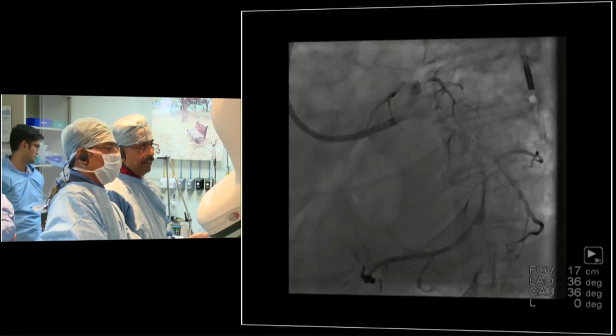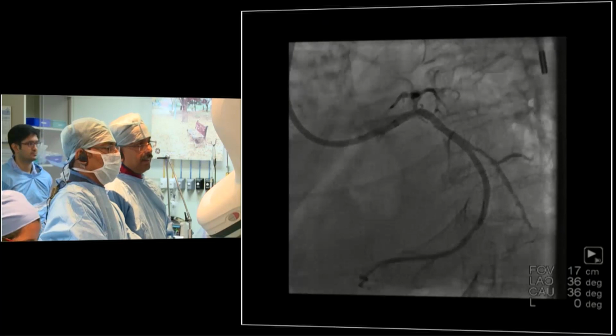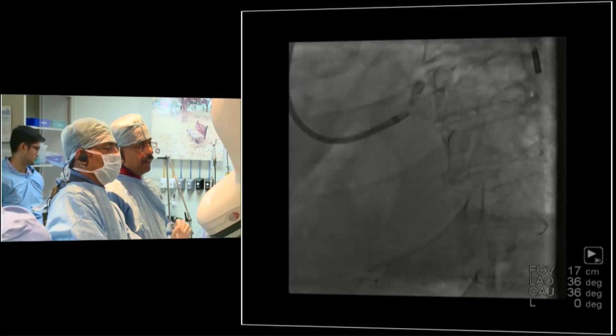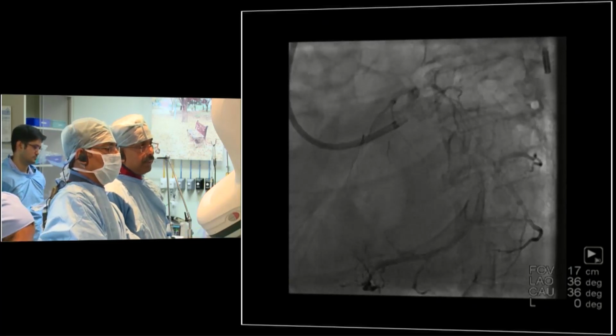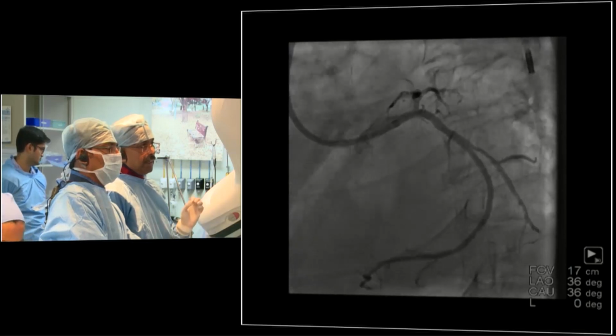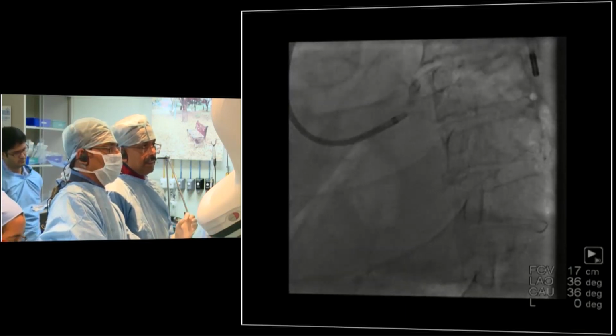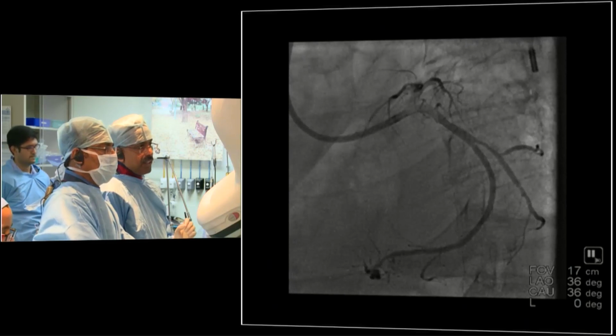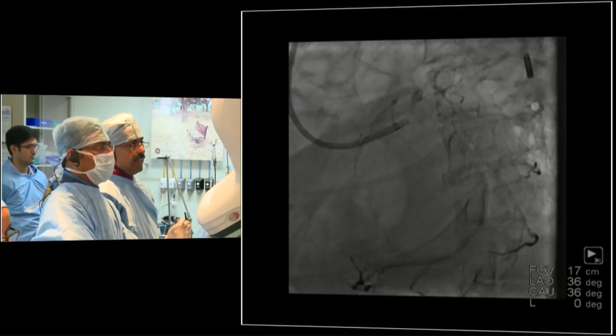I don't want to hit anything, honestly. I only want to check first whether we can do the LAD and left main nicely. And that itself is going to be a challenge because of the calcium you can see.